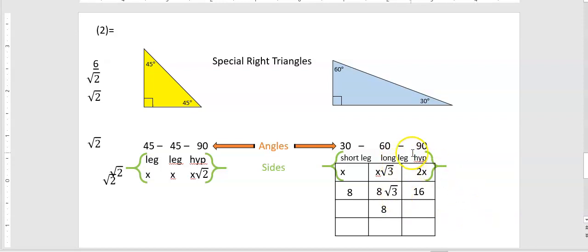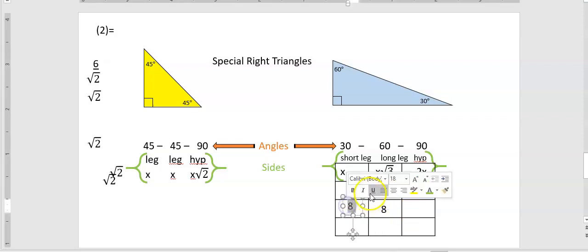If they give you long leg or hypotenuse first, always go find short. So I need to backtrack. And remember how we said the long leg is square root of 3 times the short leg? Well, if you know long leg, you have to divide it by square root of 3. So I would have to divide 8 by square root of 3.